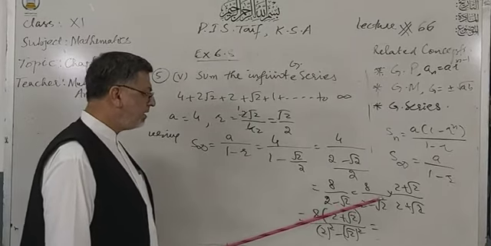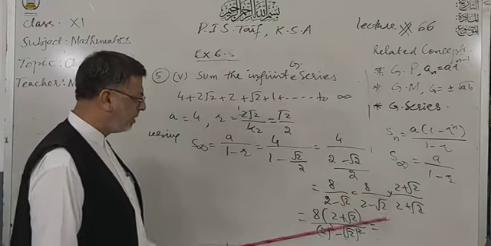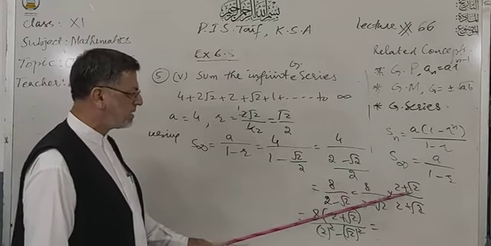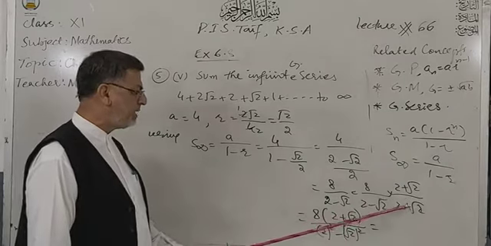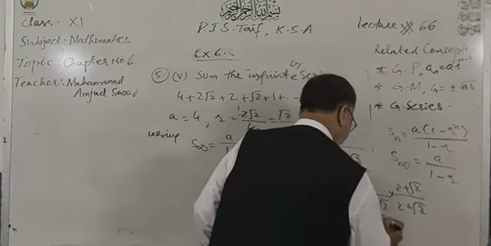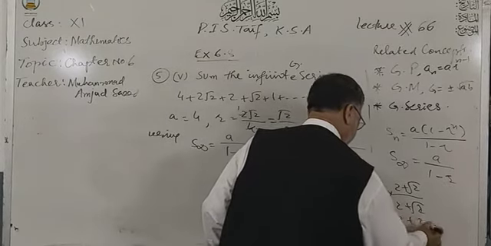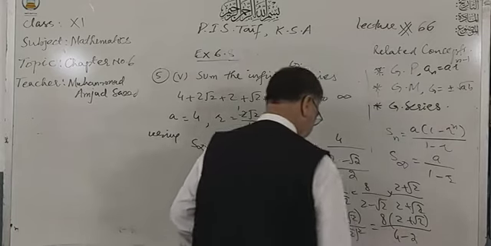The conjugate of the denominator is 2 plus root 2. So it is multiplied above and below by 2 plus root 2, and we get 8 into (2 plus root 2). The denominator is (a minus b)(a plus b), that is a squared minus b squared. So you have 8 into (2 plus root 2) divided by 4 minus 2.